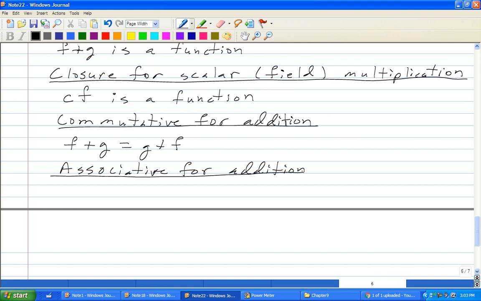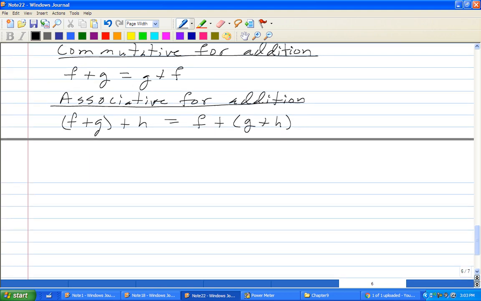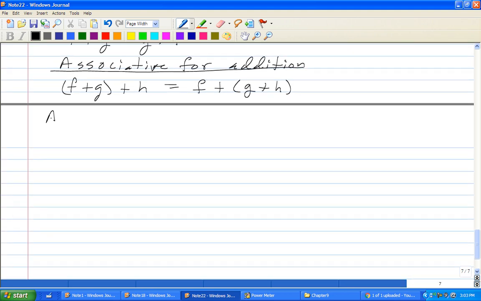And so if f and g and h are functions, then f plus g added to h is the same as f added to g plus h. The associative property for scalar multiplication.